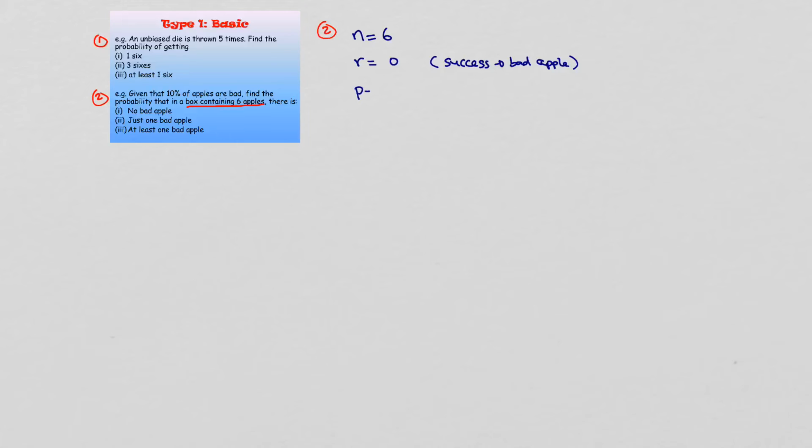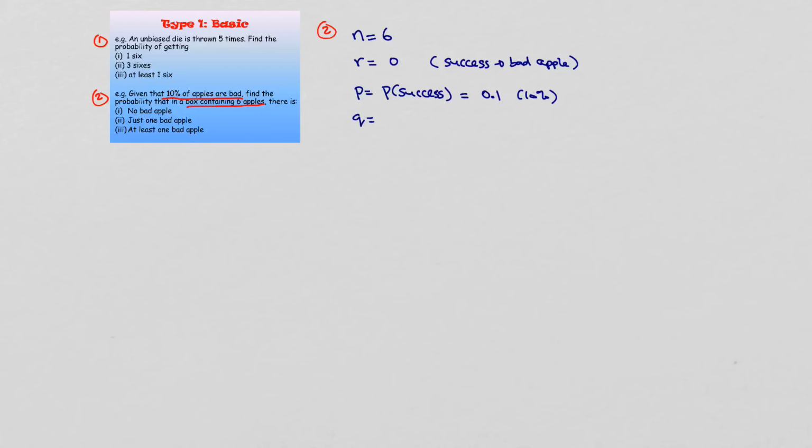So if I'm looking at my success as being a bad apple, then the probability of success is the probability of getting a bad apple. Now we're told that a box of apples, 10% of them are bad. So that means that the probability of getting a bad apple is 0.1. So in other words, the 10%.